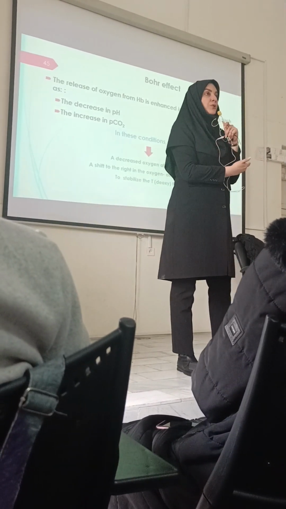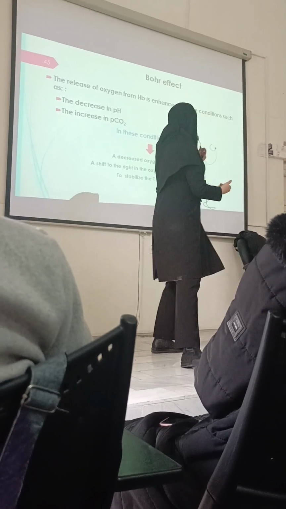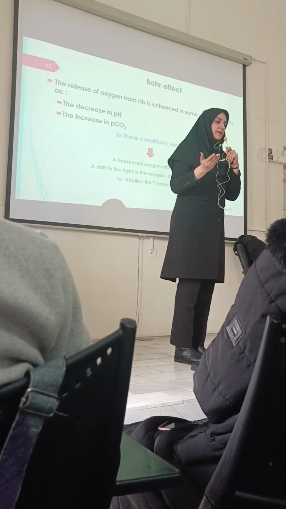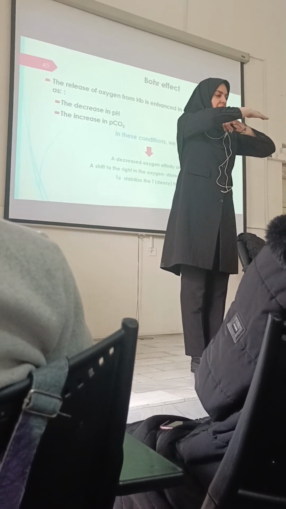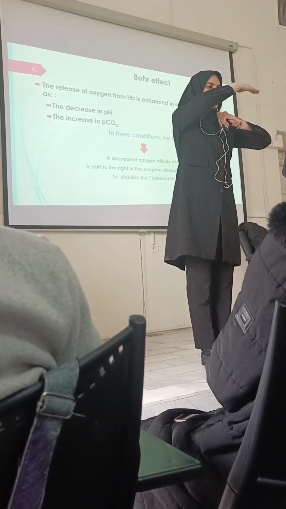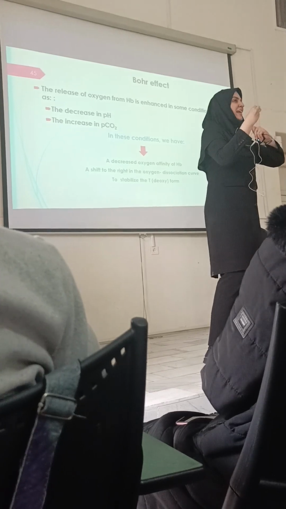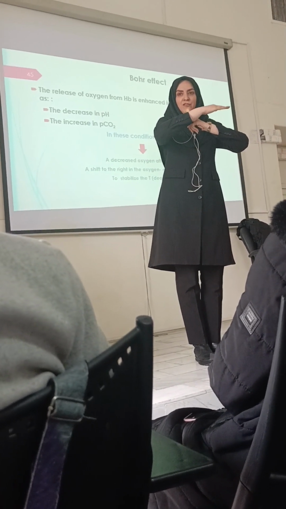The proton is a positive ion, and CO2 can change hemoglobin to the T form. It's very clear. I mentioned that the T structure is actually an interaction between negative and positive charges. So whenever you add any positive or negative charge, you can facilitate the T form.